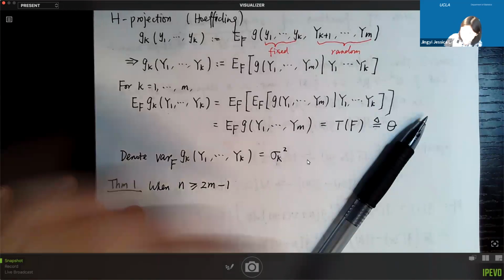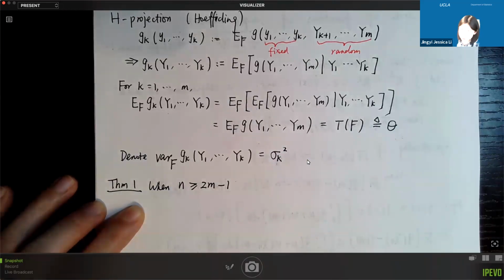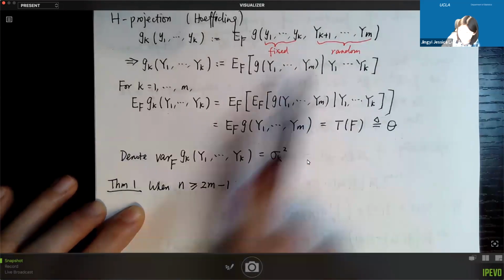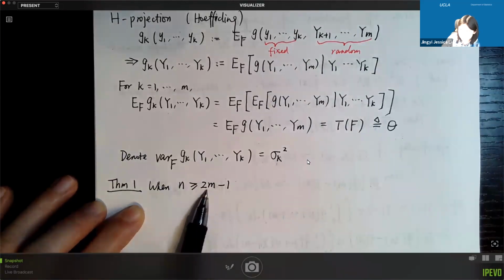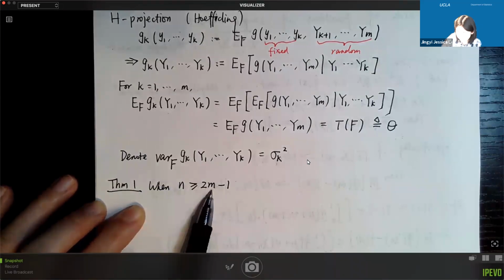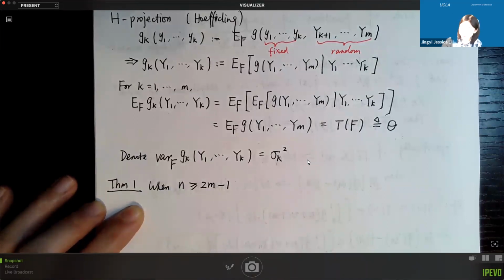The U statistic distribution only gets complicated when m is bigger than 1. When m is 2, we need n to be at least 3. When m is 3, we need n to be at least 5. That's usually easy to satisfy, because the sample size should be large. Otherwise, it doesn't make sense to talk about asymptotic distribution anyway.